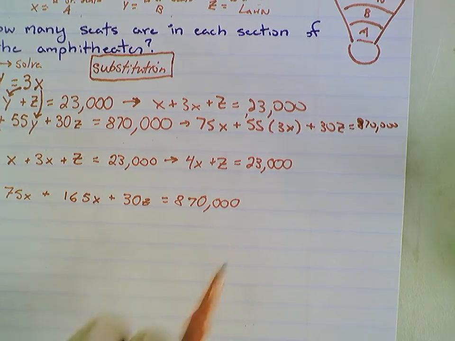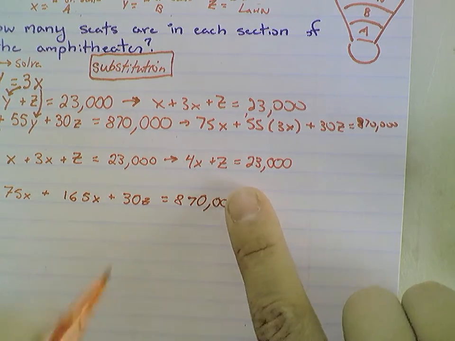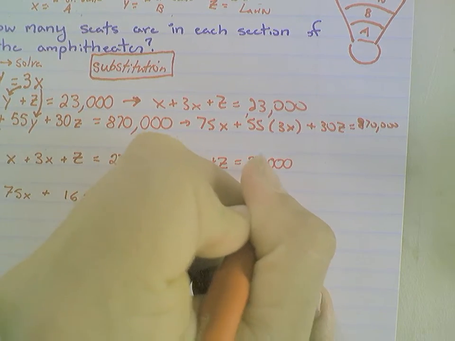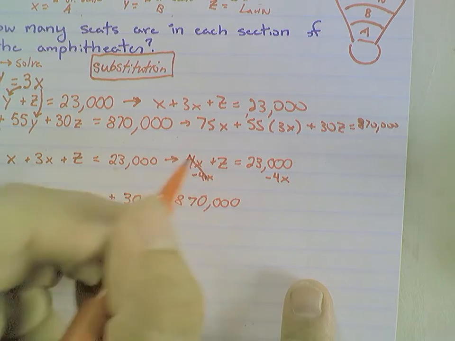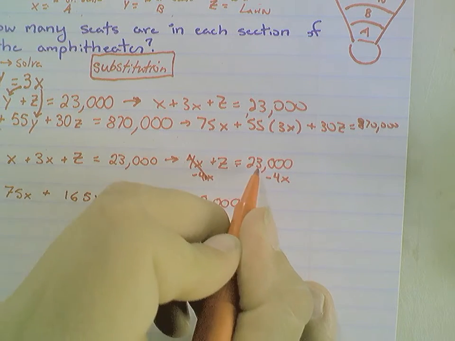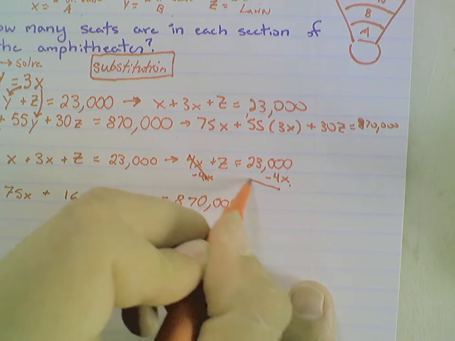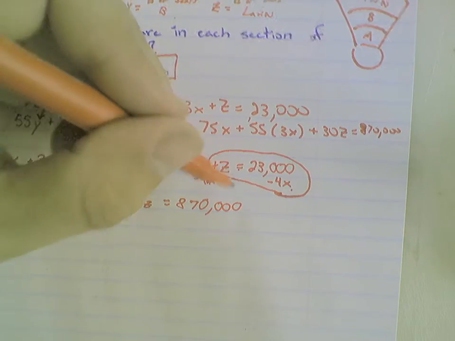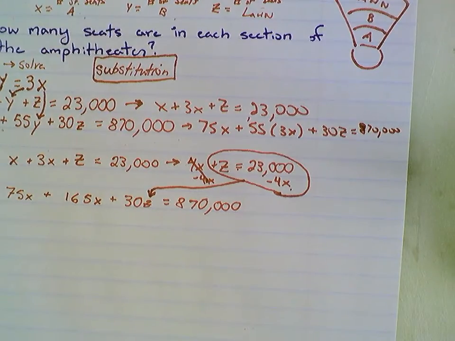Okay, now with this I can do another substitution. Notice that if I minus 4x from both sides, the 4x's will cancel and I'll be left with z equals 23,000 minus 4x. Okay, I can then use this equation to substitute in for the z in my bottom equation.